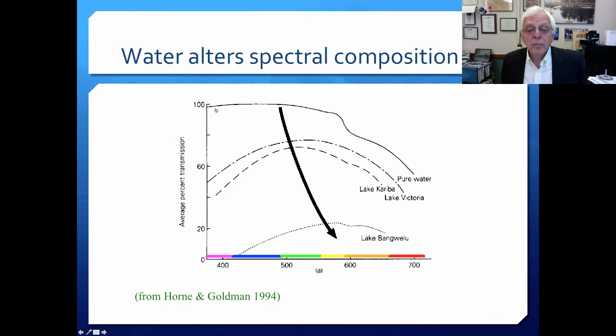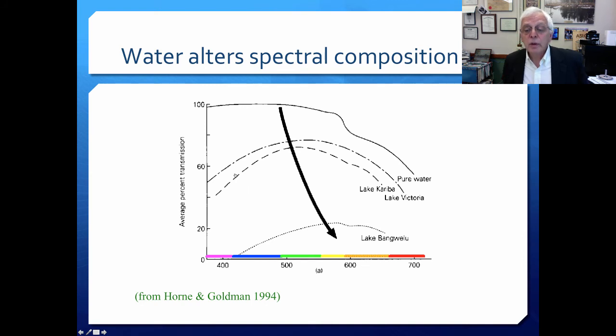Pure water absorbs very little in the blue, green, and violet, but quite a lot in the yellow, orange, and red. And that's why if you're looking through a column of very pure water, distilled water, the Caribbean, Lake Superior, other beautifully clear systems, the water itself will look pretty blue.